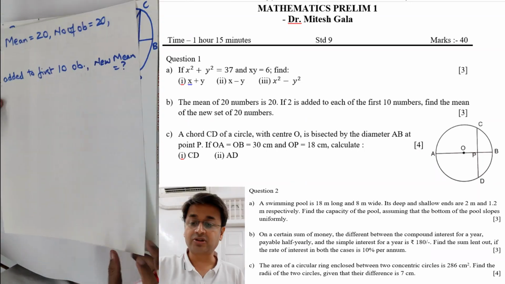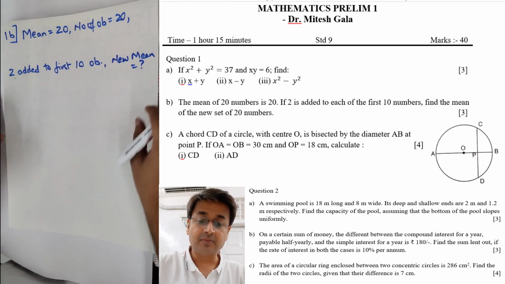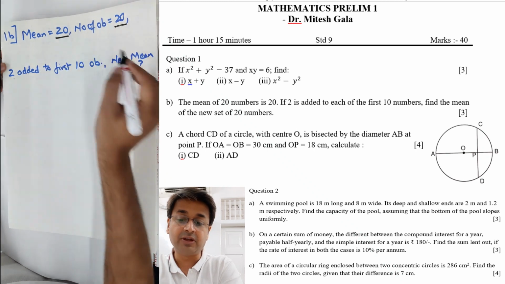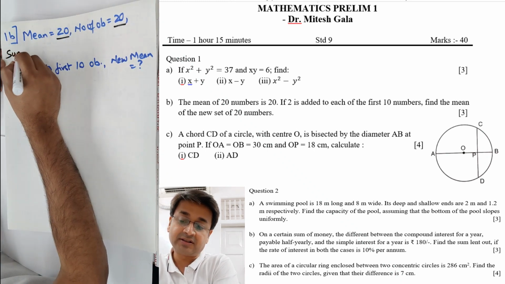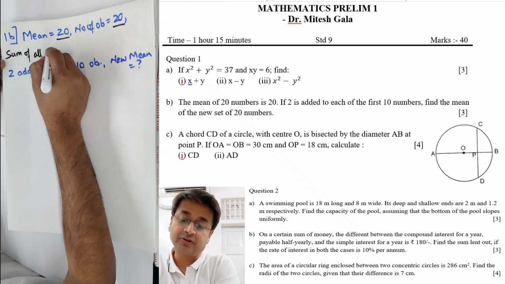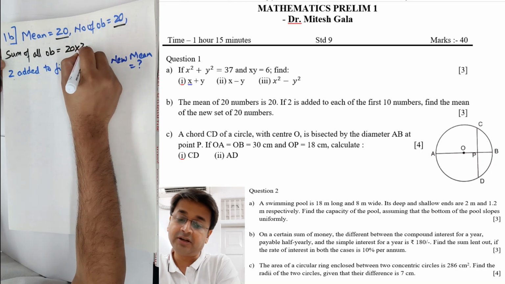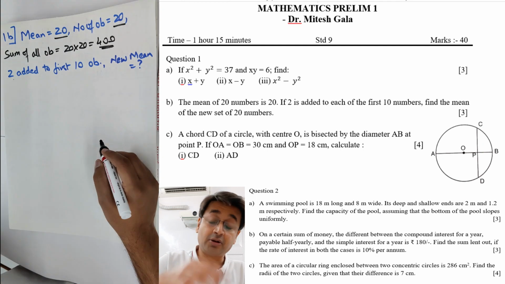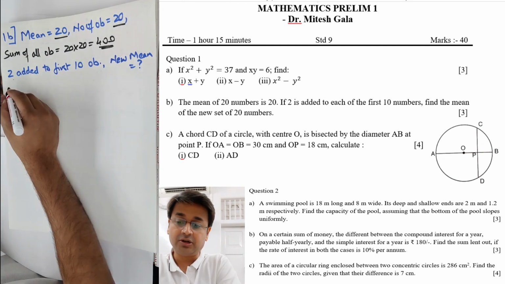Let's move on to the next question, 1B. They say that the mean of 20 observations is 20. So number of observations and mean both are 20. So we say the sum of all observations is 20 into 20, which is 400. They say if 2 is added to the first 10 observations, what will be the new mean?